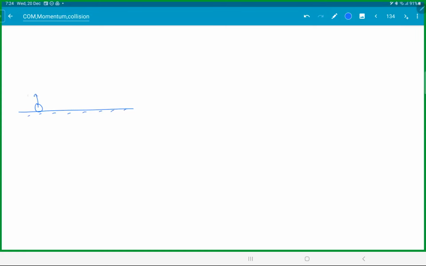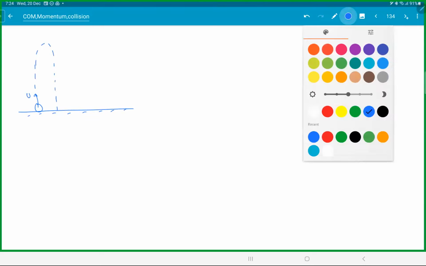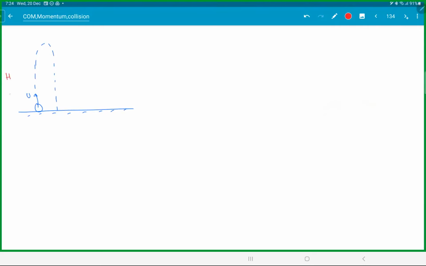So when you project it with speed u, this guy goes up and comes down. So let this be h max. We know h is equal to u square by 2g. So height is proportional to u square. Time of flight is 2u by g, which is proportional to u. So if this time is t, the second time you hit the ground, the speed becomes e times u.